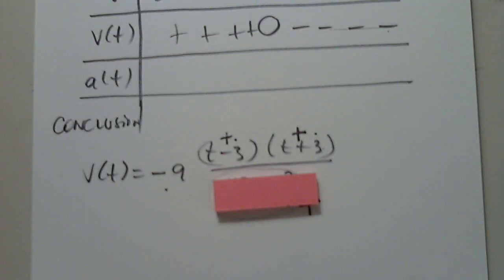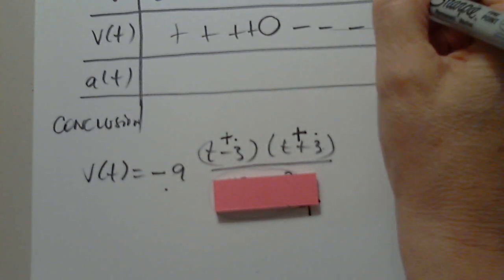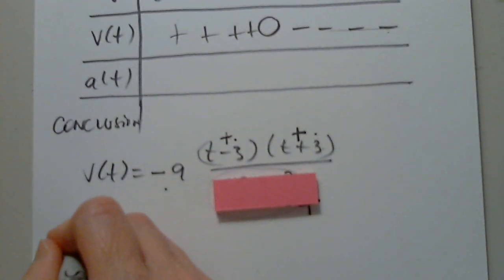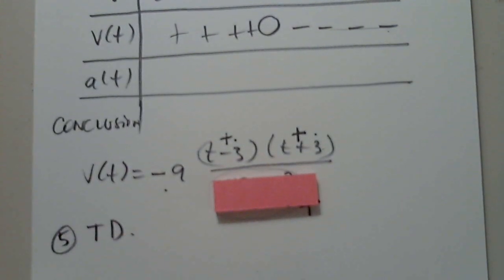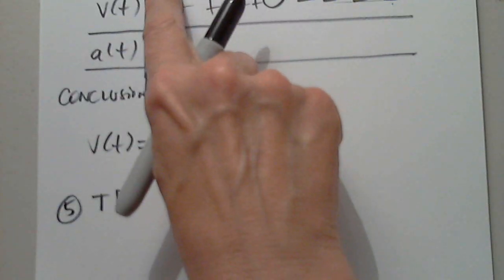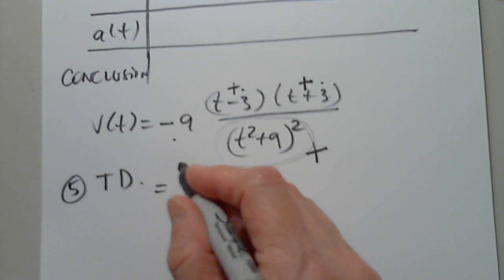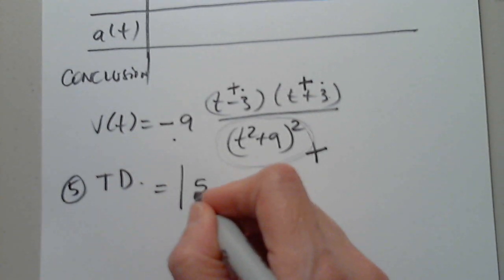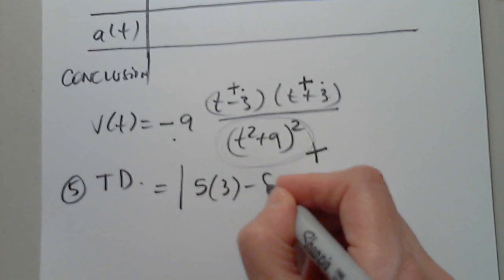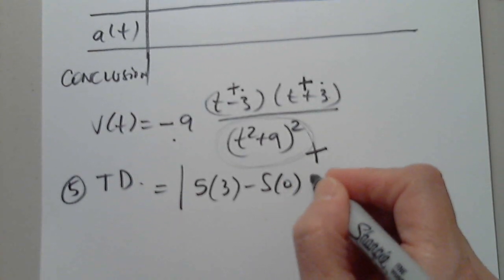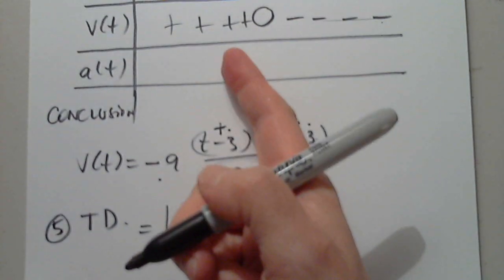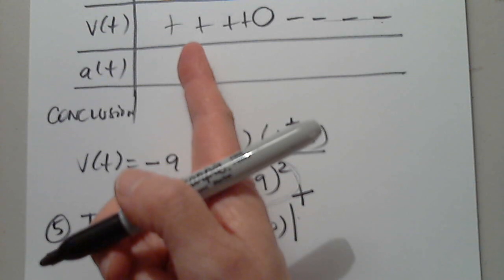Next question. Find the total distance traveled during the first 6 seconds. Total distance between 0 and 3. So this is s, or the function, at 3 minus the function at 0. You could say you don't need the absolute value because it's already moving in the positive direction.